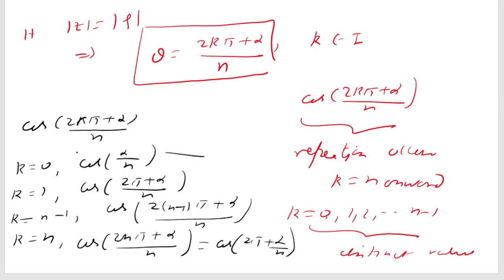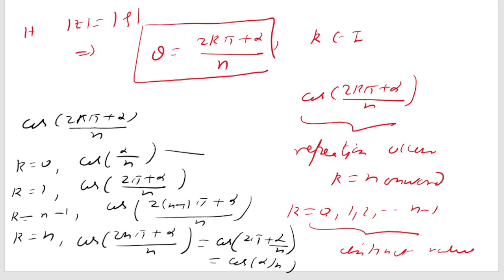Can you see here? For k equal to 0 we have cos alpha by n, and for k equal to n, cos of 2 pi plus alpha by n is nothing but cos of alpha by n. So essentially from k equal to n, the repetition will occur. Got it?